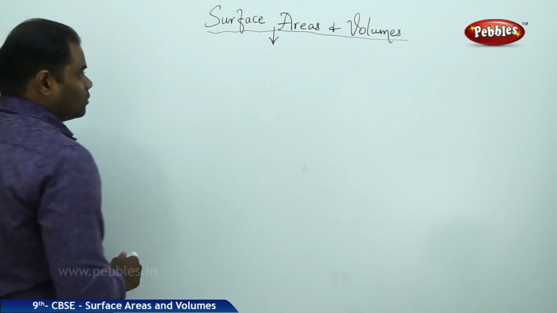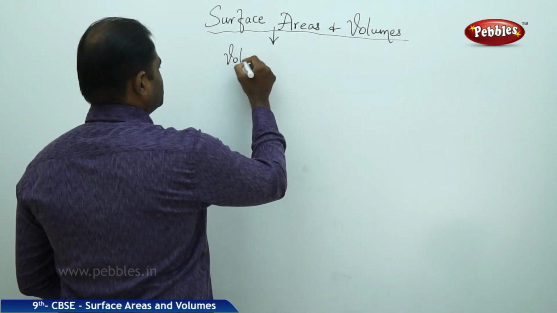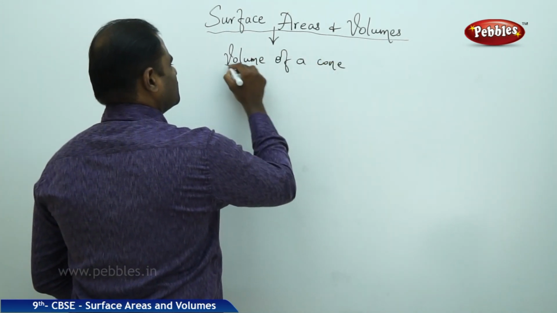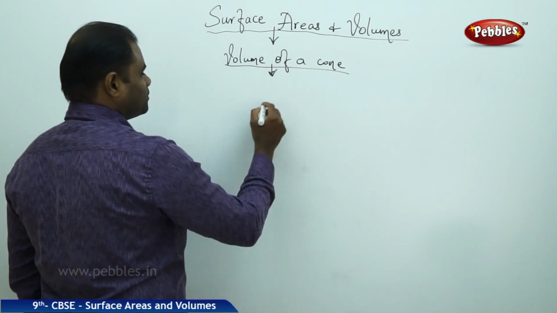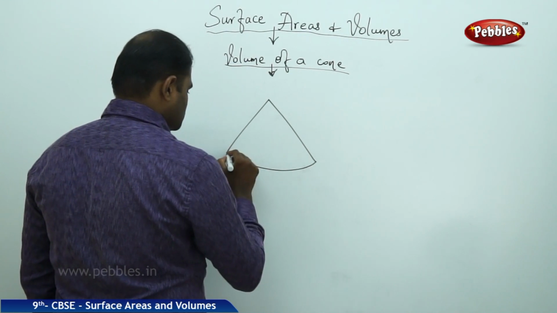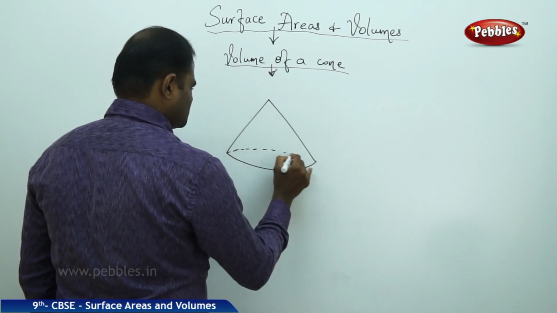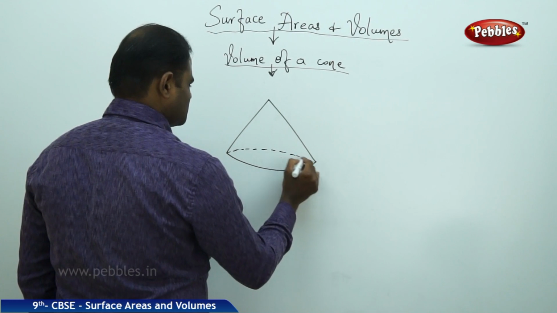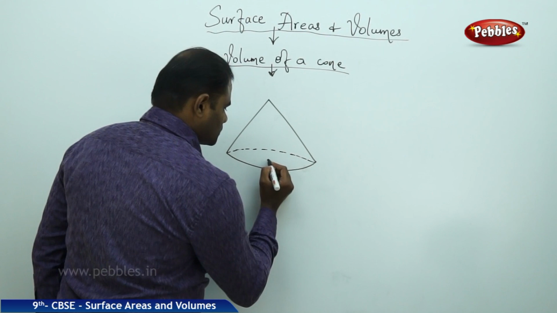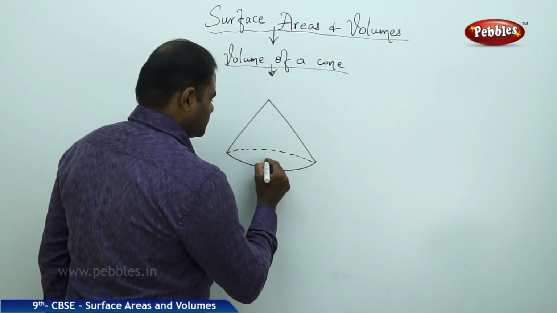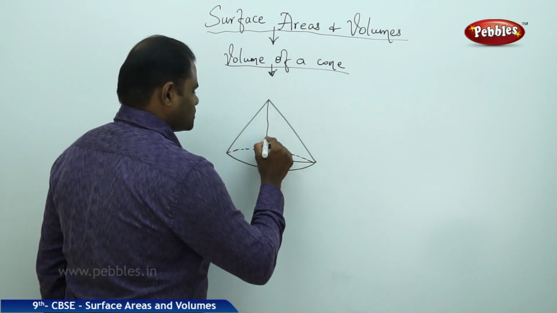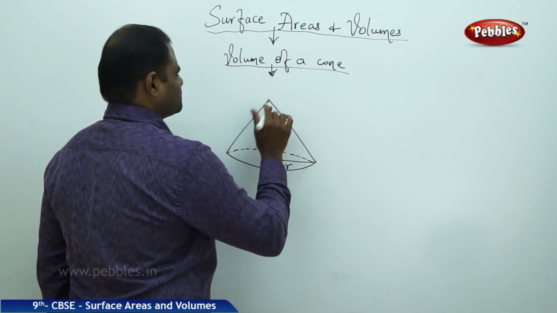We all know that a cone has its own shape. So taking the shape of a cone, which looks somewhat like this, and then fixing from here, from the center, this distance is called the radius and this distance is called the height.